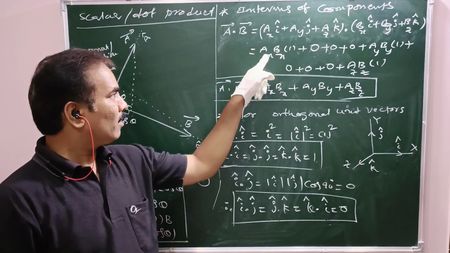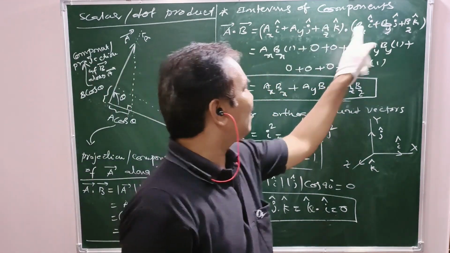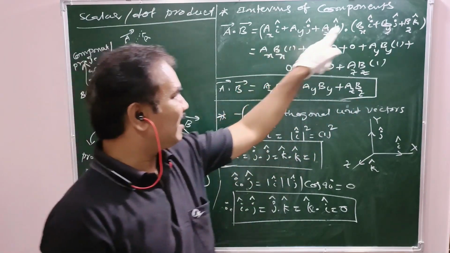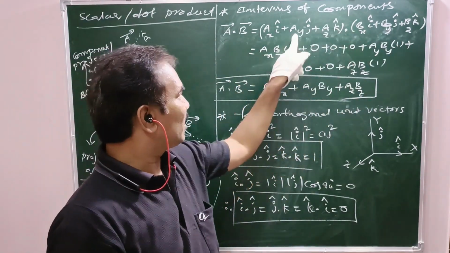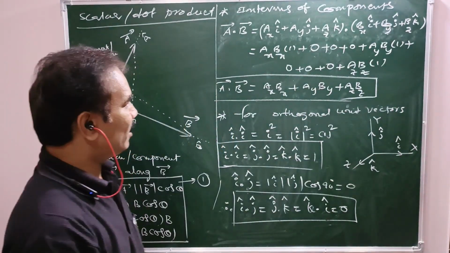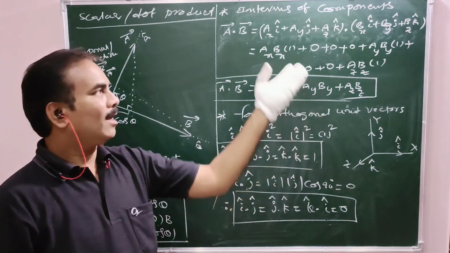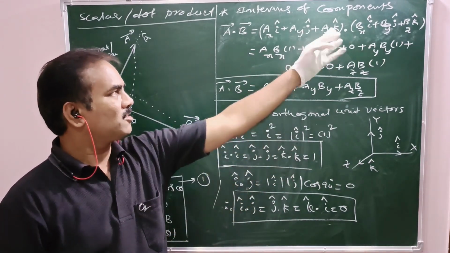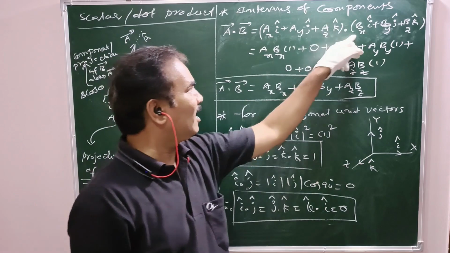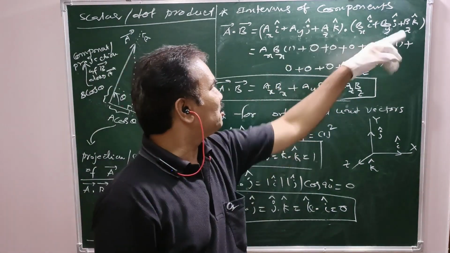So ax bx plus ay by plus az bz means x component into x component plus y component into y component plus z component into z component. Other terms are 0. Why? Because the angle between the other unit vectors, between j and i, j and k, i and j, i and k, is 90 degrees.